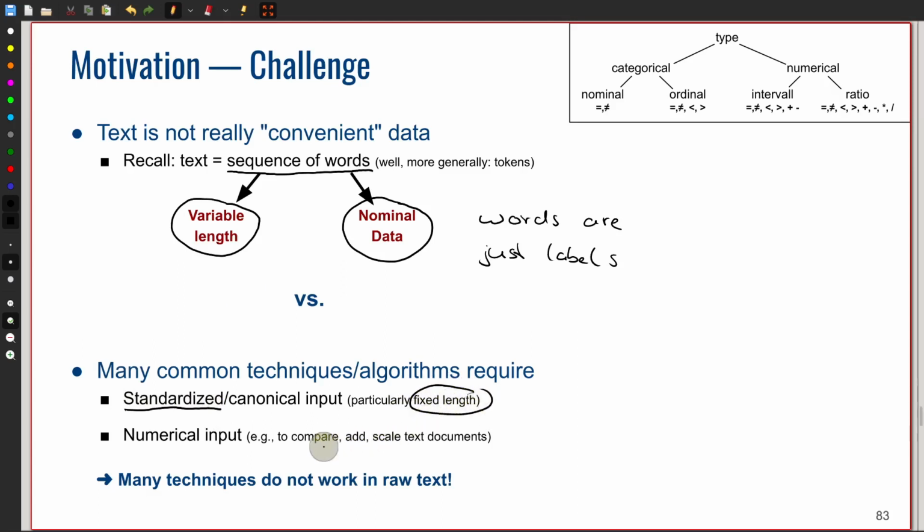And most algorithms also require that the input is numerical, so that these algorithms can in some shape or form add, multiply, scale, or directly compare their input. So this means essentially that most of the important techniques do not directly work on raw text. And this, for example, includes also logistic regression.